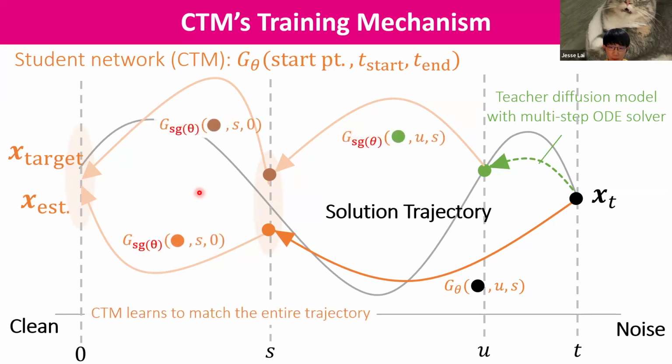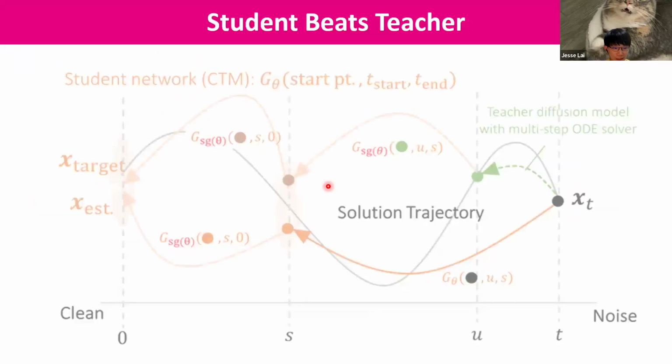And in order to make the teacher information pass through to the student more explicitly, we use the stop gradient over here. Let me dive into this part more.